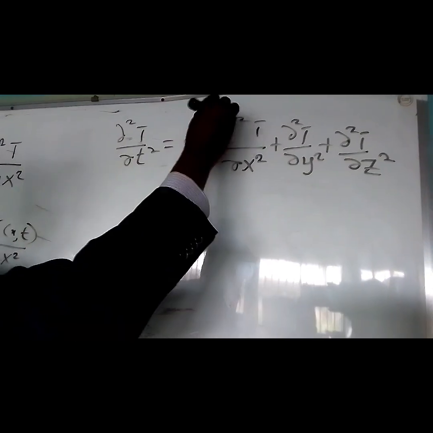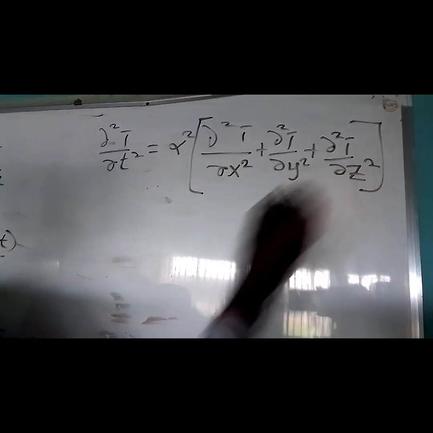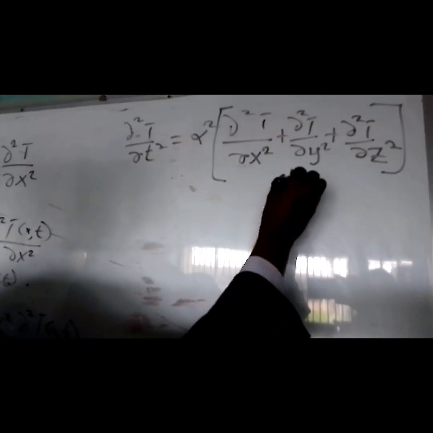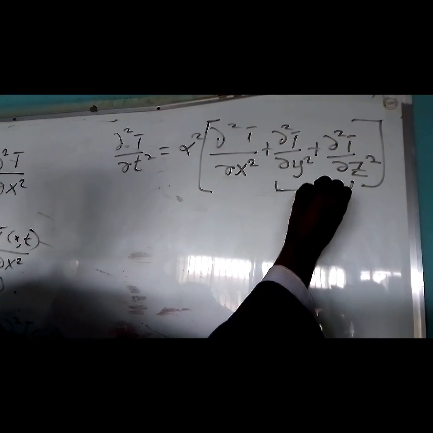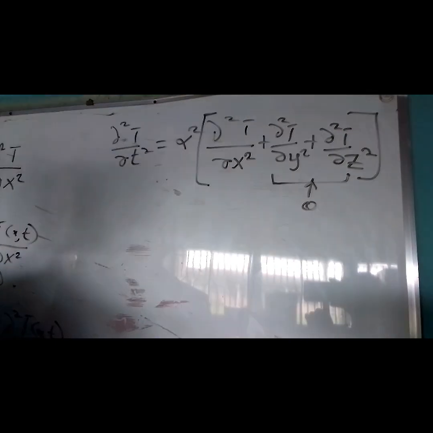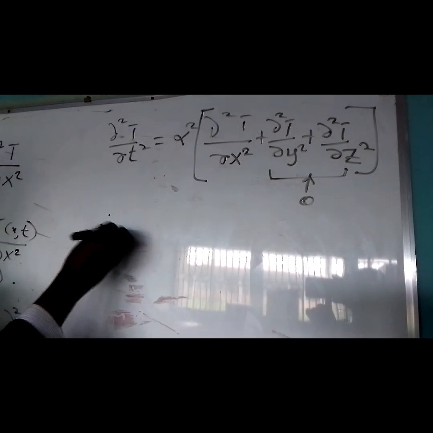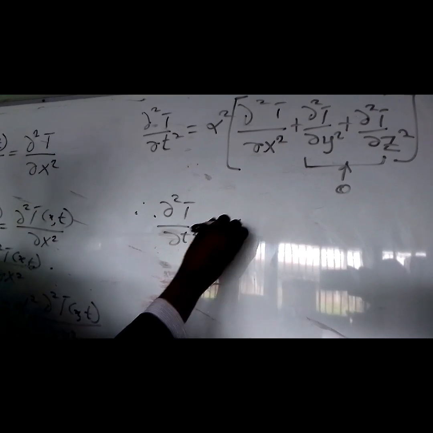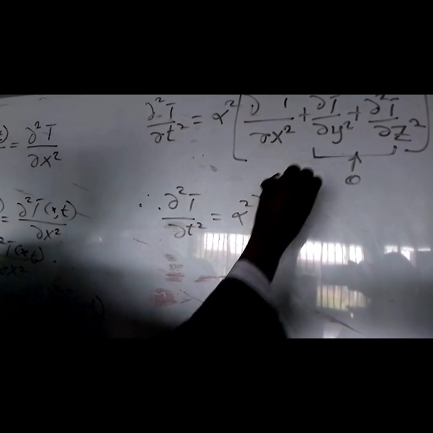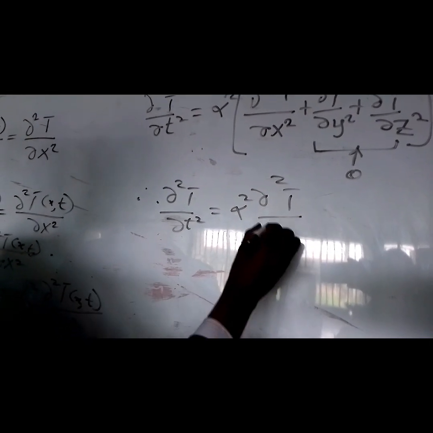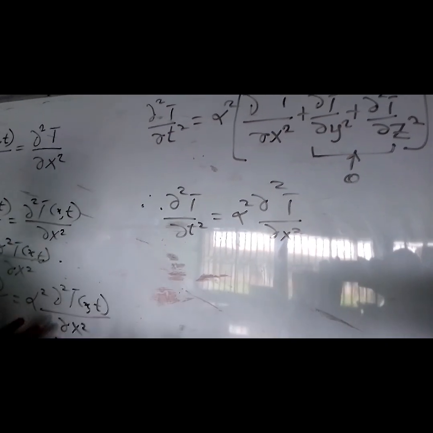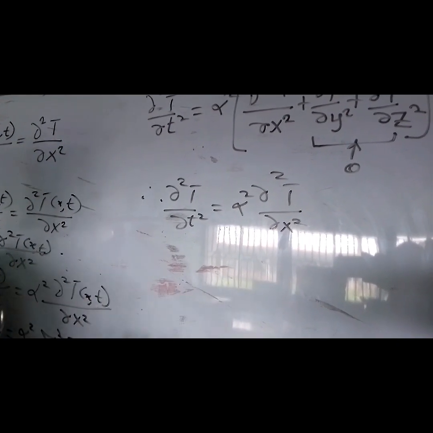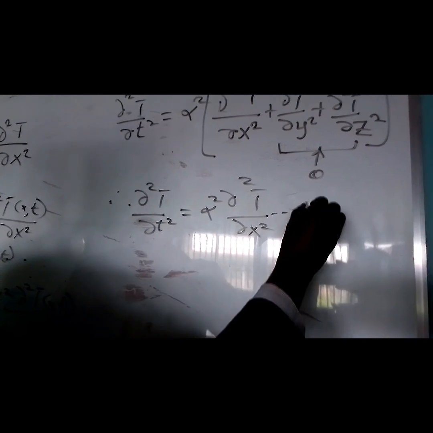Of course, a constant goes into them. When the y and z terms give 0, we now have partial squared T over partial t squared equal to alpha squared partial squared T over partial x squared, a one-dimensional plane. This is often used as the wave equation.